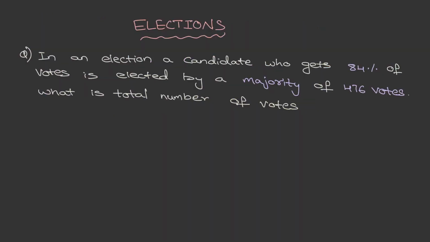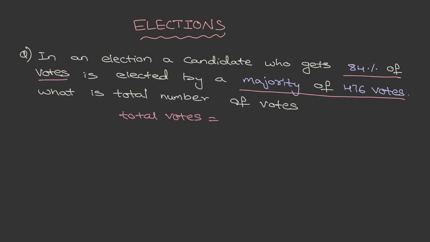Now let's see problems on elections. Here we go with the first question. In this it is given that a candidate who gets 84% votes is elected by a majority of 476 votes. Then what are the total number of votes?